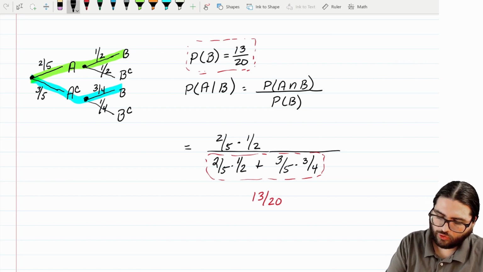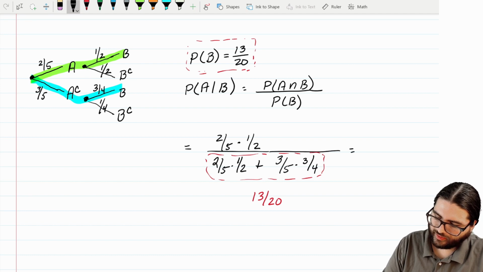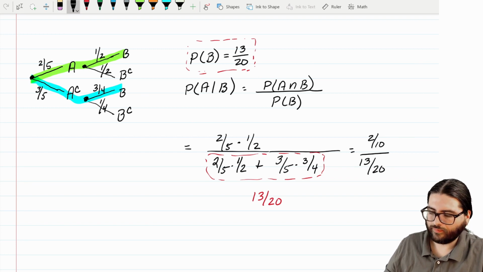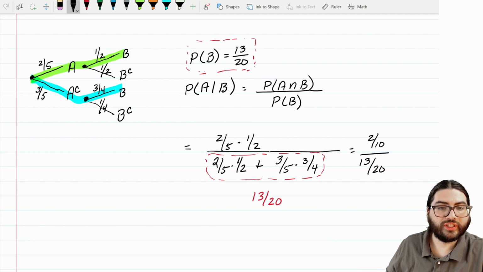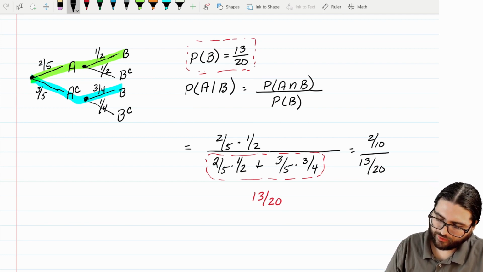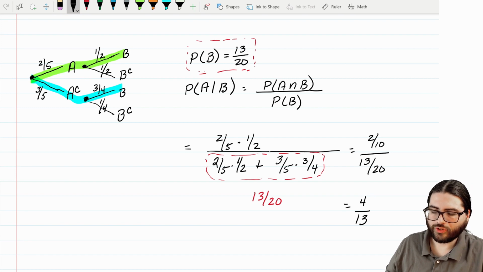And so you might say, well, let's see, that is 2 over 10 divided by 13 over 20. I'll ask my calculator what 2 over 10 divided by 13 over 20 is, but I think it is 4 over 13. You can check me on that. I just did it in my head.